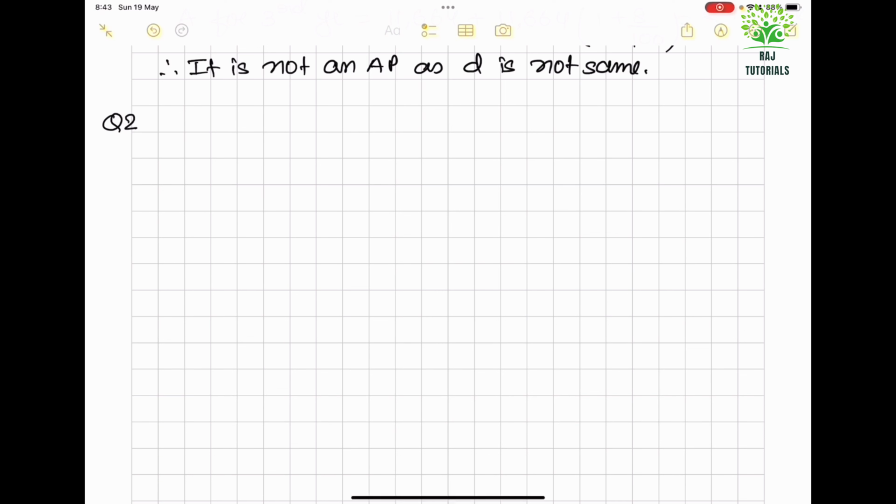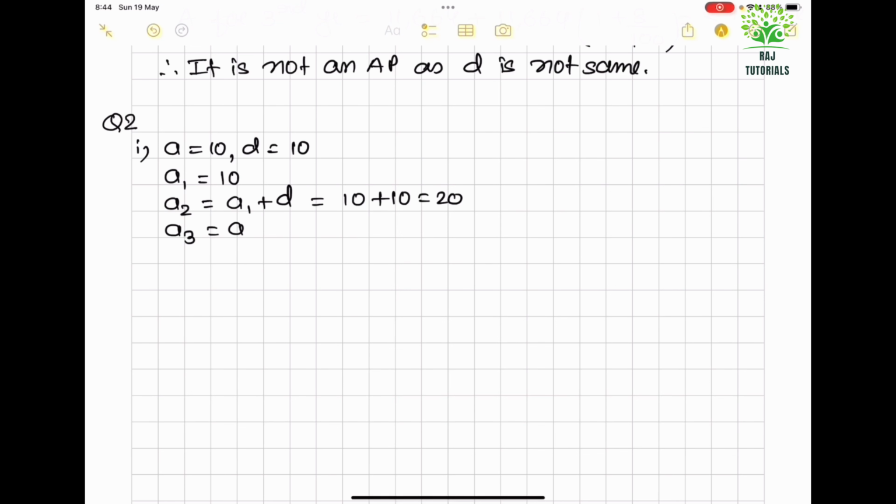Now, question 2 says, write first 4 terms of an AP when the first term A and the common difference D are given. So, first one is A equal to 10, D equal to 10. So, first term A1 will be 10, A2 will be A1 plus D, that is 10 plus 10, so 20.